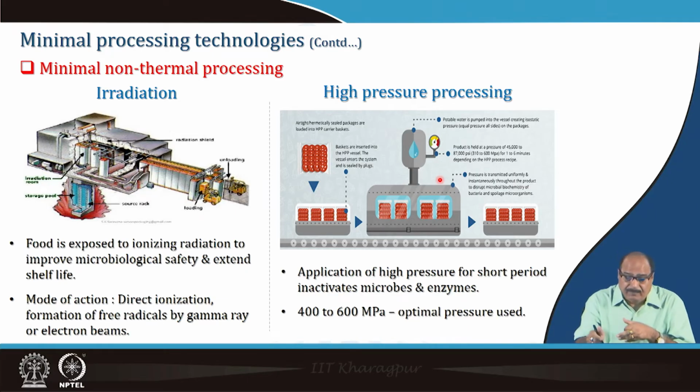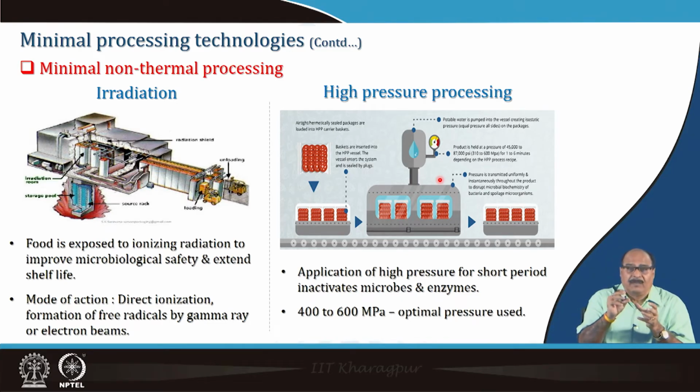Then another very emerging non-thermal processing, which can give better quality and can therefore be considered among minimal processing strategies, is the application of high pressure processing. That is high hydrostatic pressure, maybe 400 to 600 megapascal or sometimes even more, 800 up to 1000 megapascal.